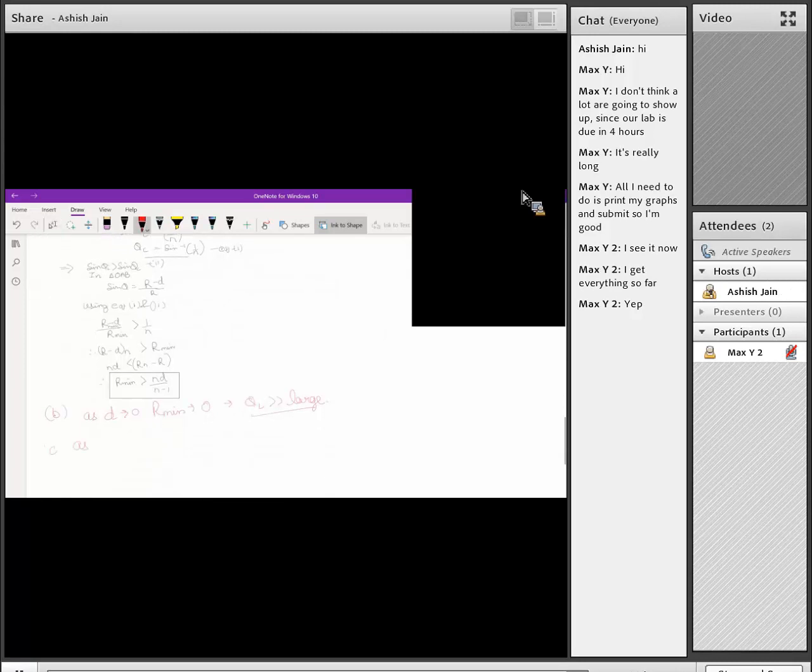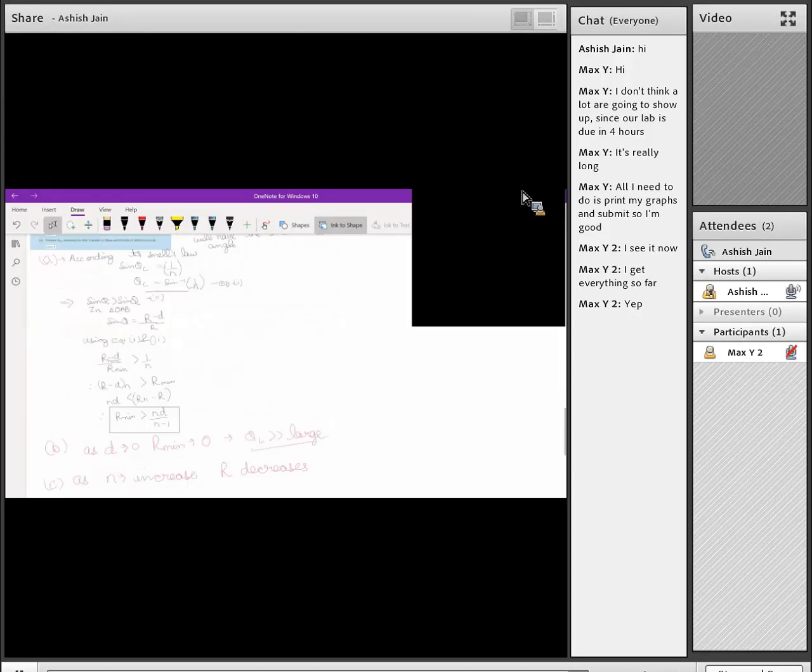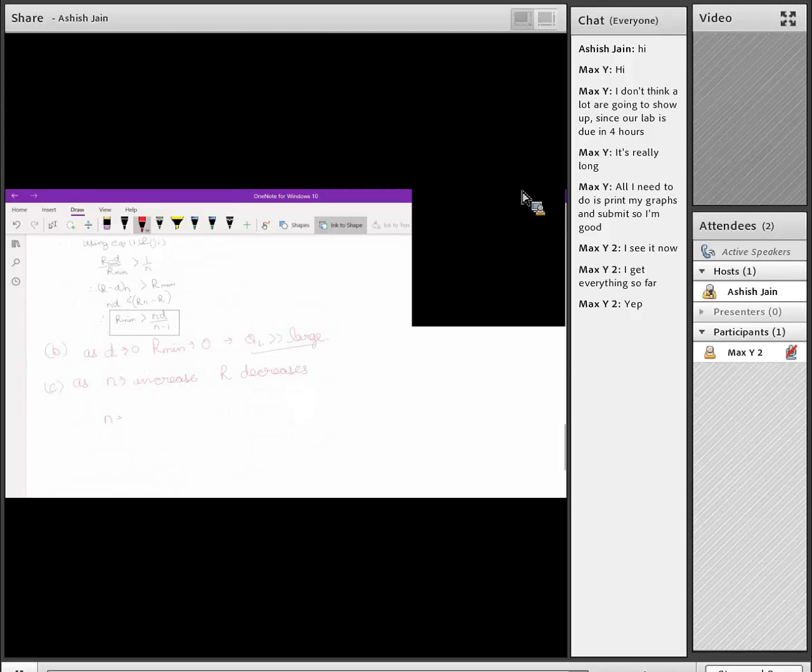Also, as n increases, what happens to your R min? See, as n increases, R decreases. If n decreases to 1, then R approaches infinity.